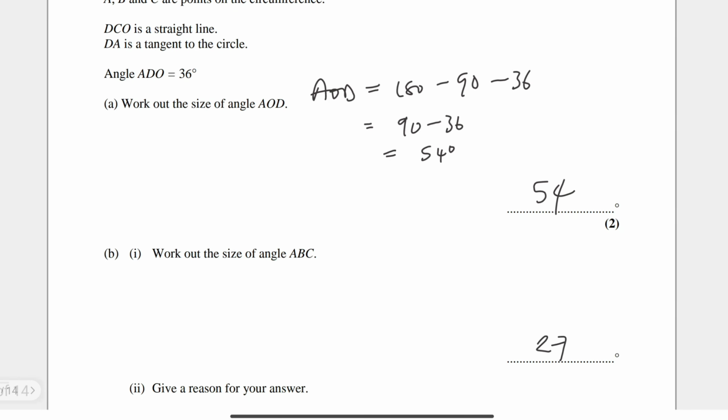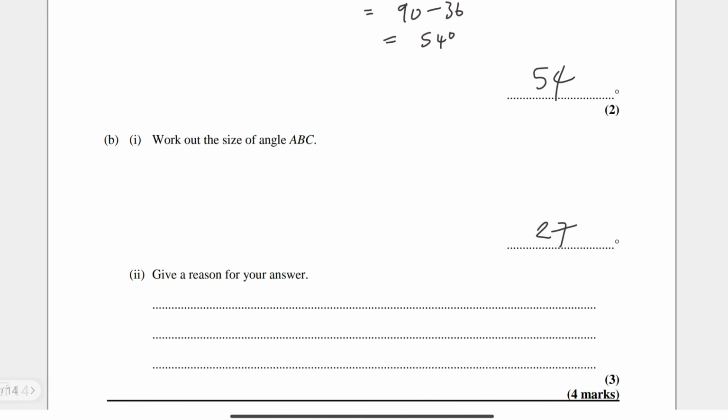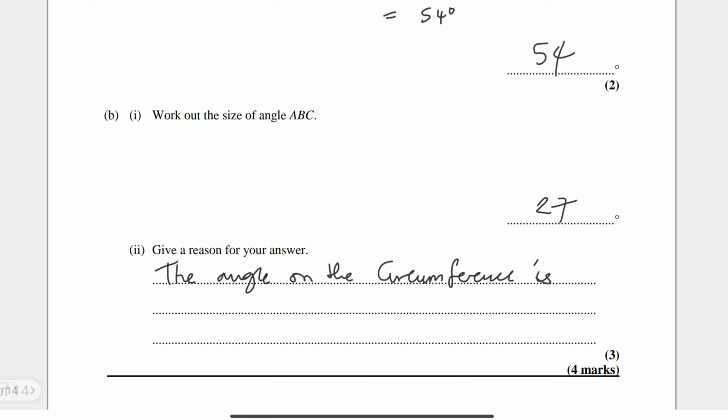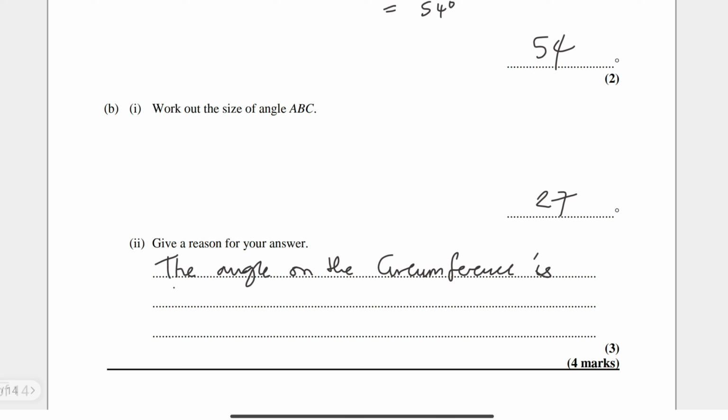ABC is 27 degrees. And the reason for our answer is the angle on the circumference is half the angle at the center of the circle.